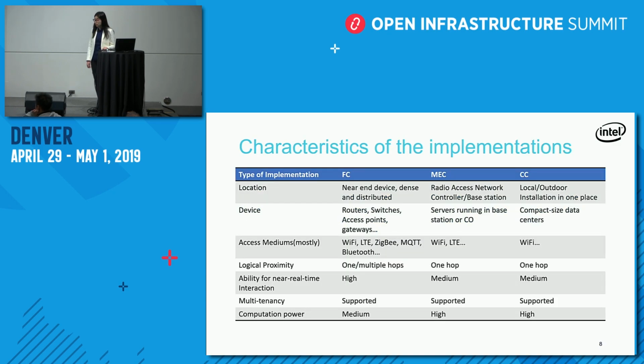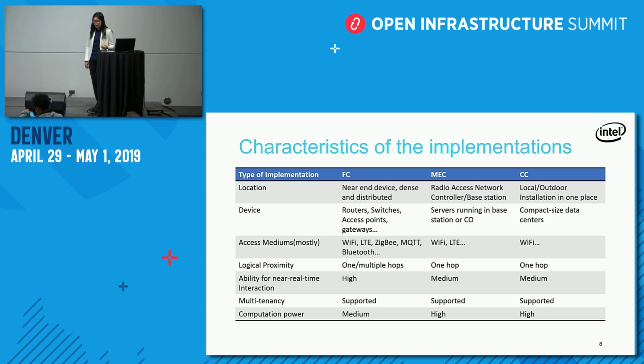I also summarized the characteristics of these implementations to show some differences between them. It's quite obvious that we have differences in locations, device, and access mediums. They are somehow related, since fog computing will be placed on routers, switches, access points, or gateways, so they support more protocols.